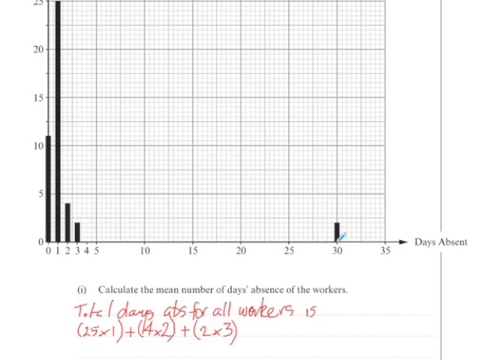And then over here we've got another 2 people, and that's going to be 2 times 30, which is equal to 90 altogether.